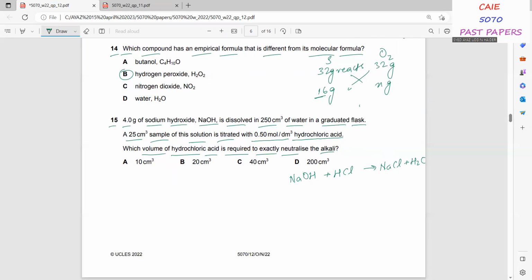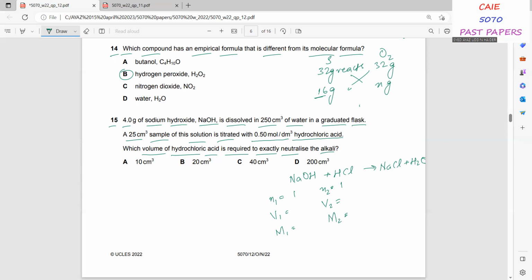The equation is balanced, which means 1 mole of NaOH reacts with 1 mole of HCl. Let's consider the number of moles for NaOH as N1 and for HCl as N2, the volume for NaOH as V1 and for HCl as V2, and the concentration in mol per dm³ for NaOH as M1 and for HCl as M2.